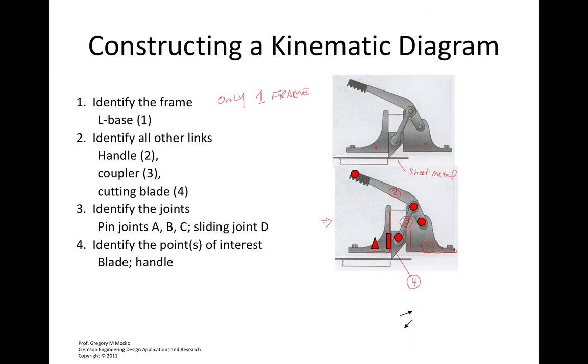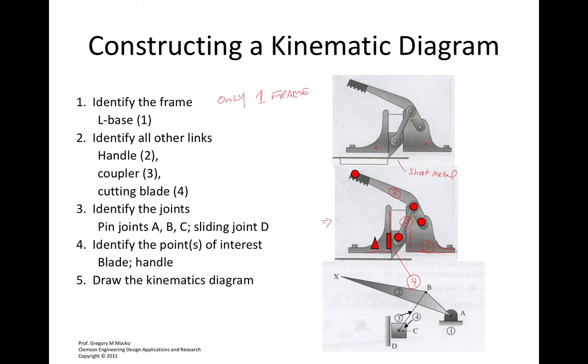And finally, that results in this kinematic diagram. So what you'll see here is the following. 1 is the frame or the base. 2 is the handle. 3 is this coupler. 4 is the blade. We've got A, which is a joint between 1 and 2.